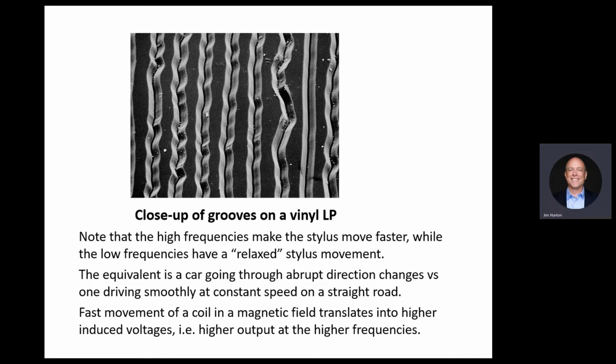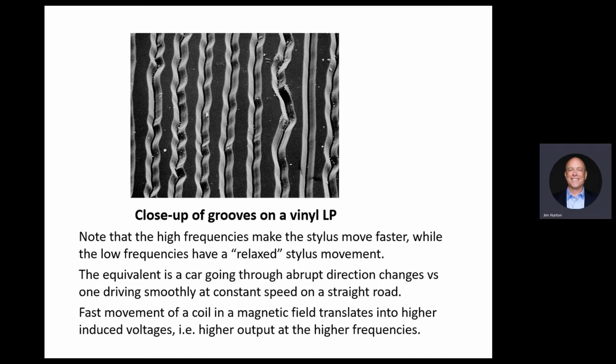Now think about this. There's basically a magnet moving between coils, or a coil moving between magnets. When you have the high frequency, it's a lot of fast movement. When you have the low frequency, very slow movement, less voltage. Very simple.